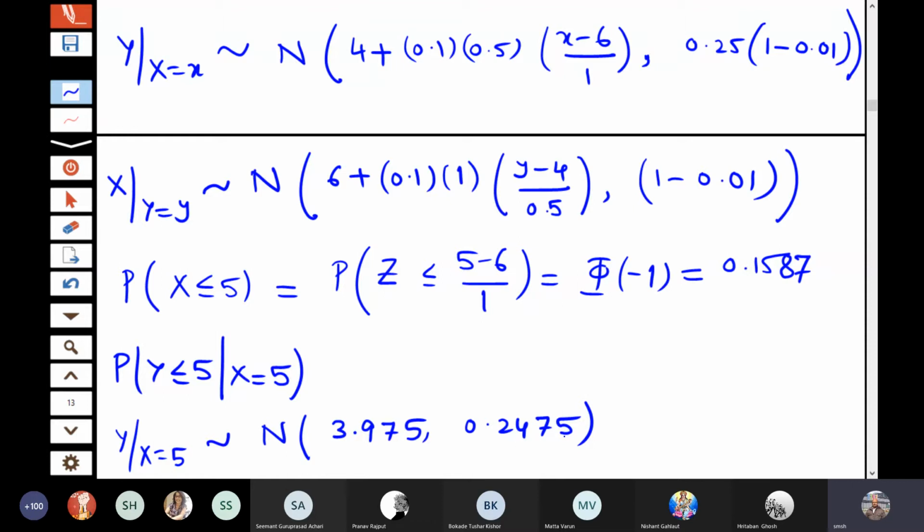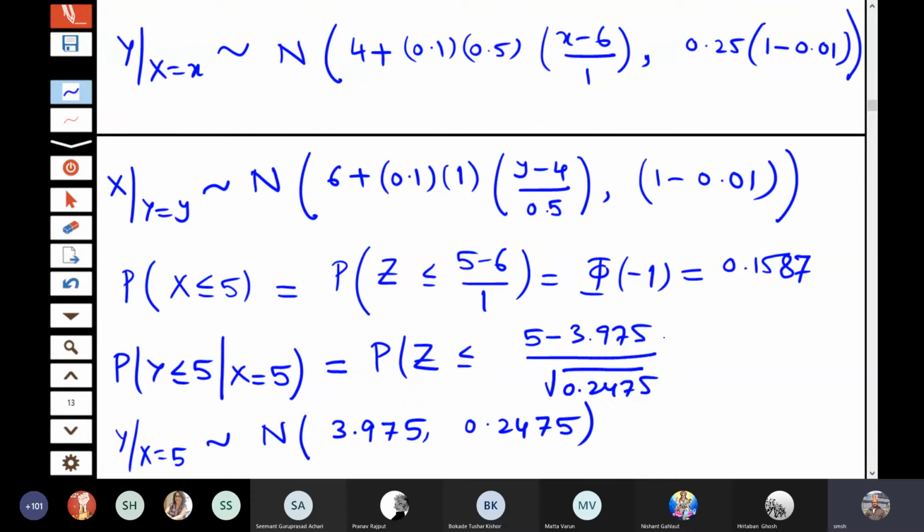So this is the distribution here. So this probability becomes z less than or equal to (5 minus 3.975) divided by square root of 0.2475. Of course, you can easily check what it is, 0.206. And see the tables of the normal distribution, it is approximately 0.98.